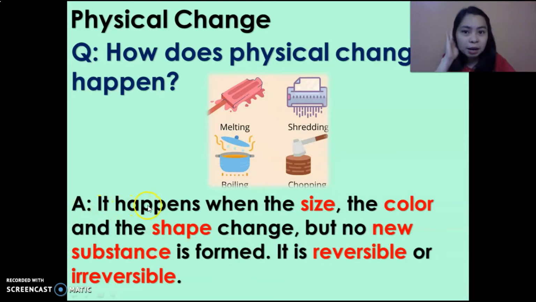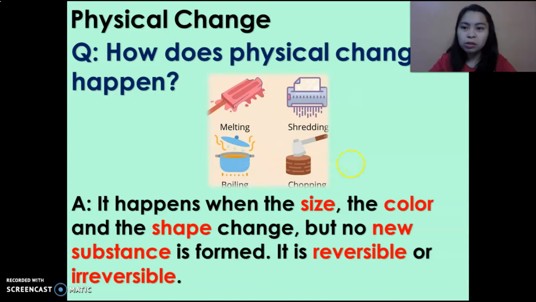Okay, ready? The size, the color, the shape change, but no new substance is formed.